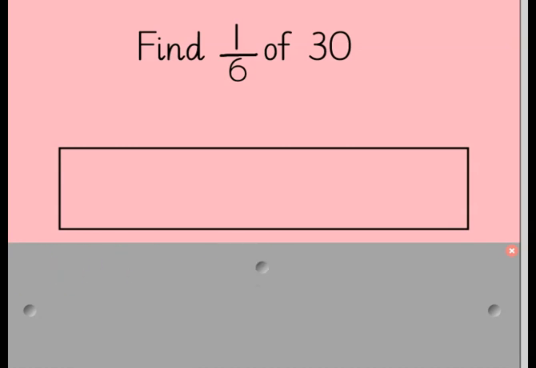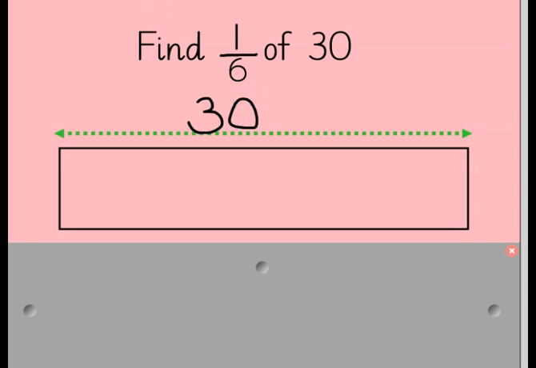Now, if you want to use bars at home, which I strongly advise to begin with, either cut strips of paper up and make your own bars, or just draw bars onto your piece of paper and they will help you. Okay, so if I look at that bar there, I know that the whole of my bar is going to be worth 30, because I'm finding 1/6 of 30.